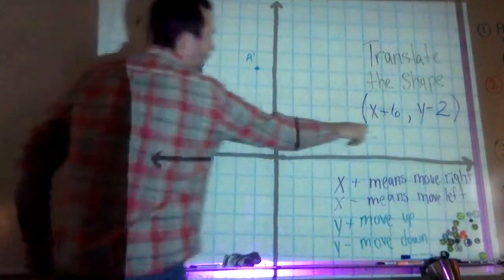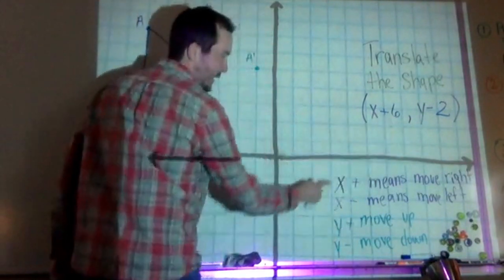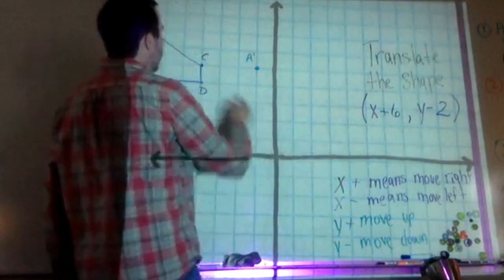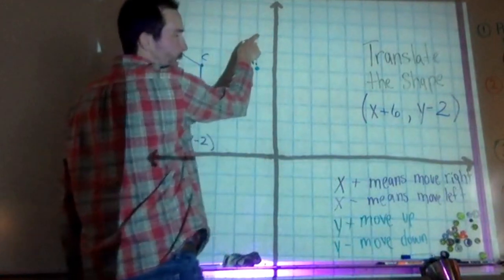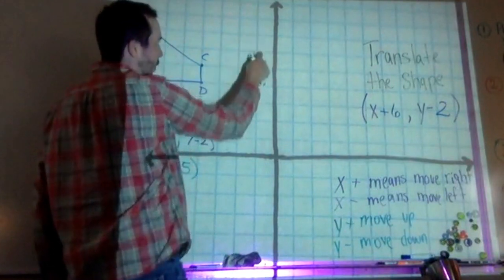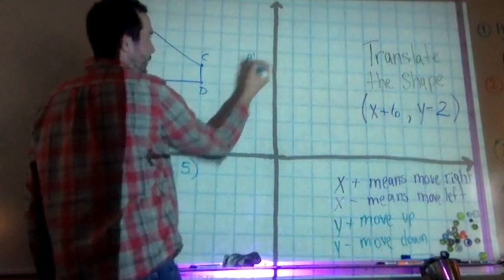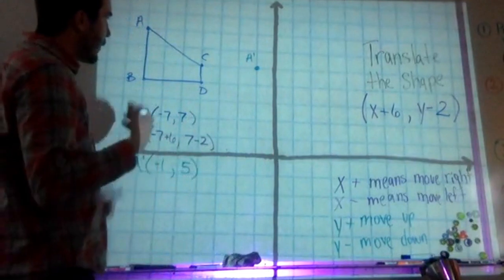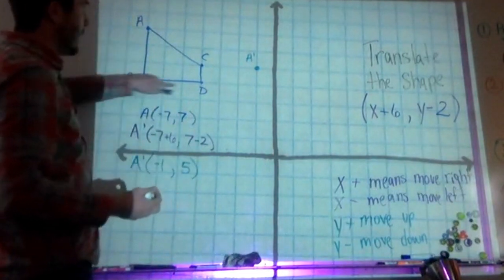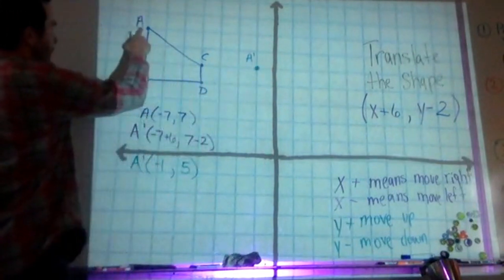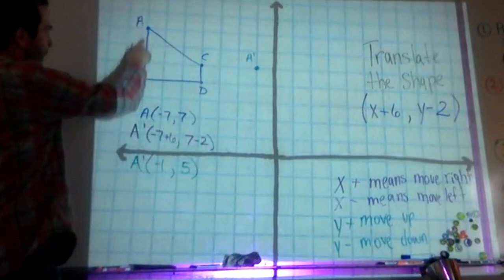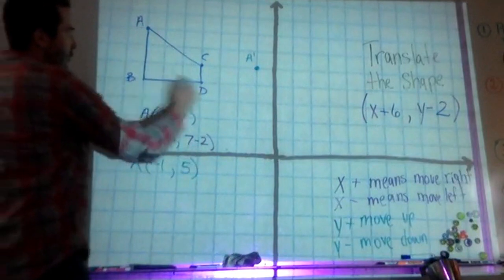Now let's see. Did I go plus 6? So plus 6 for my x means I'm moving right. 1, 2, 3, 4, 5, 6. And then y minus 2 means I'm going to go down 2. 1, 2. And yes, that is the correct point. And then from here, I can just replicate this shape in relation to this point. So point B is directly down from A, 1, 2, 3 units.